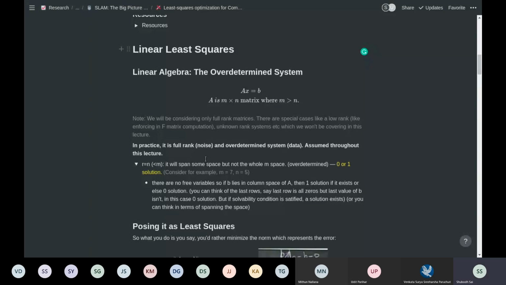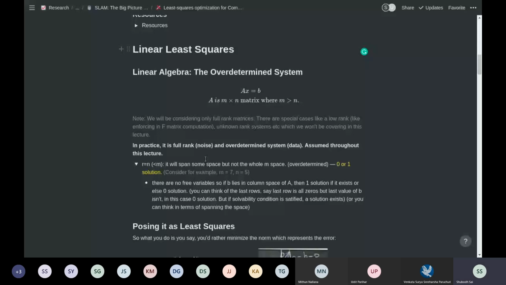How can you interpret this? You have a full rank matrix. Let's consider, for example, 7 rows and 5 columns. If your vector b lies in the column space of A, your x is x1, x2, x3, x4, x5, and each column vector is of size 7. So it will be x1 times the first vector plus x2 times the second vector and so on.